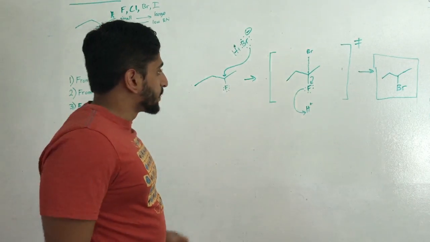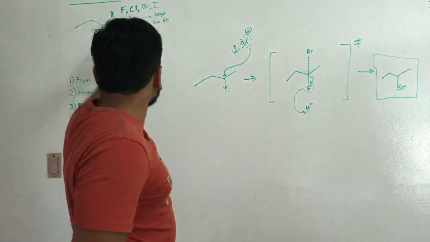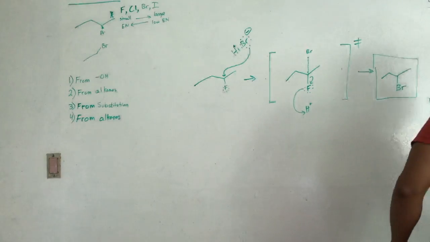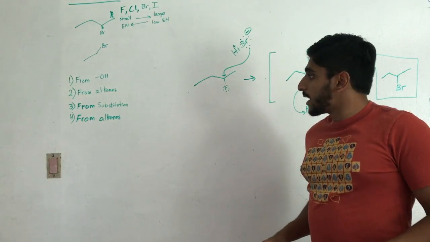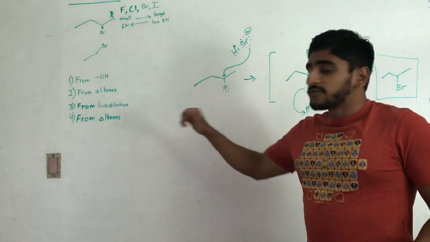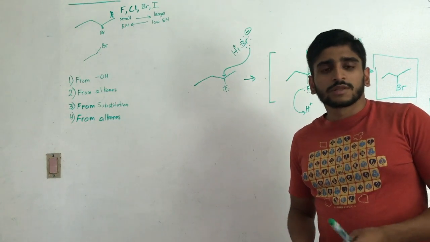You can even make this by going fluorine to chlorine to bromine, but I did it in one step just to get to our target molecule as quickly as I could. So in the next step, we'll be learning about how to make haloalkanes from alkenes, which personally I think is probably the easiest mechanism.